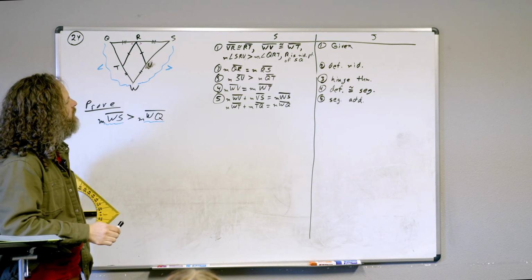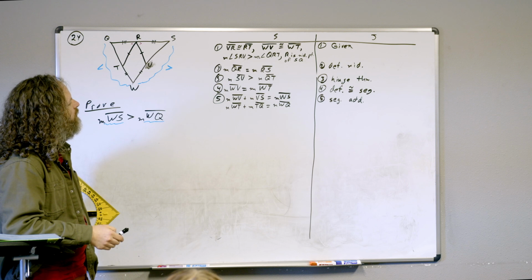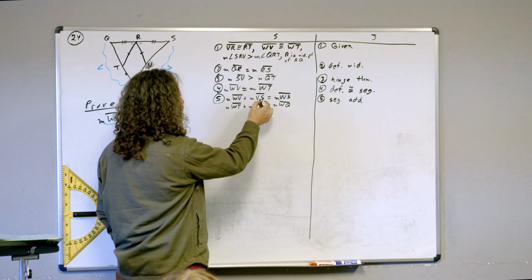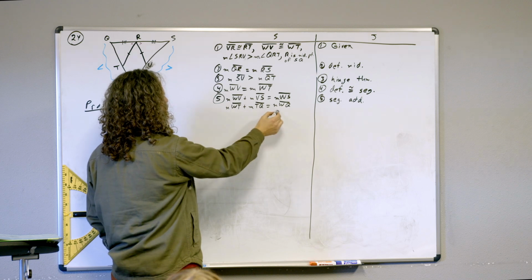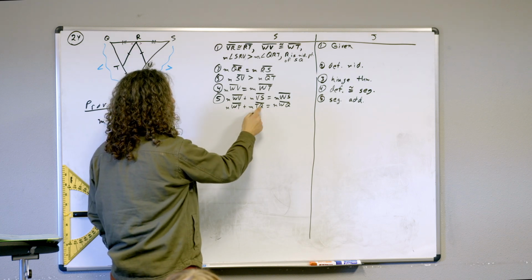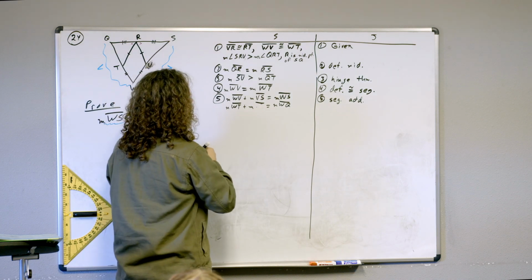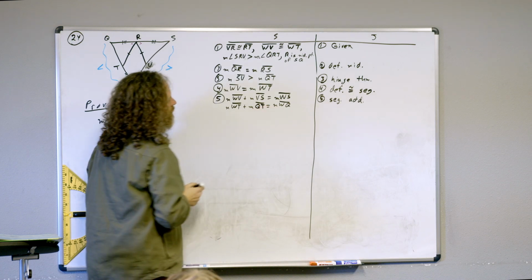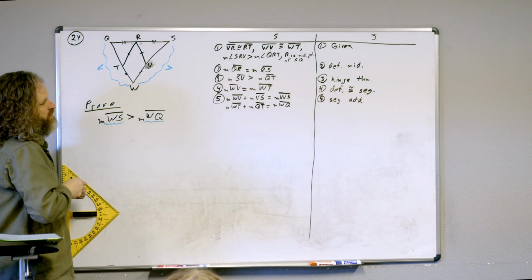I was thinking we could basically solve this one for the measure of VS and solve this one for the measure of QT, and then do some substitution.